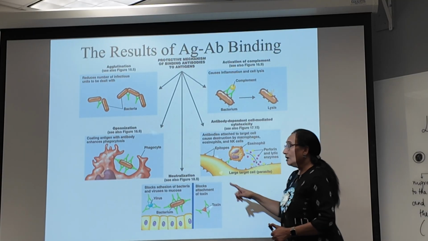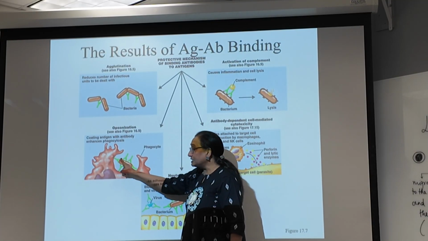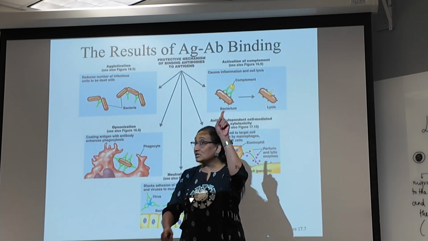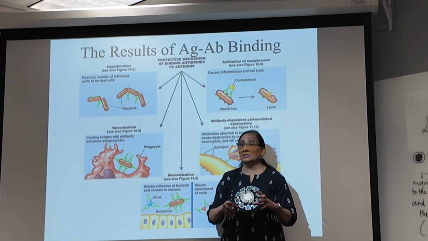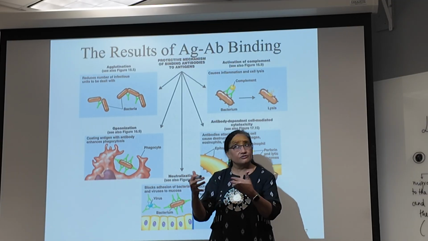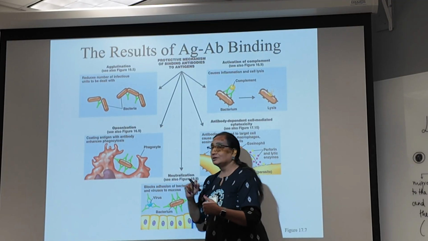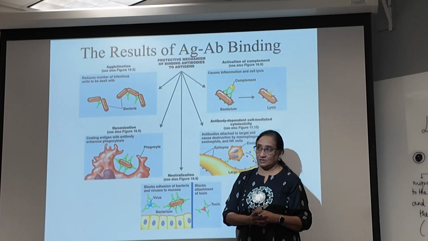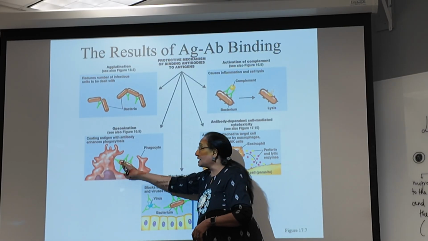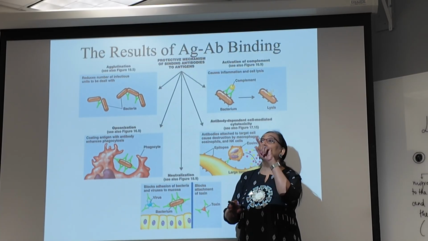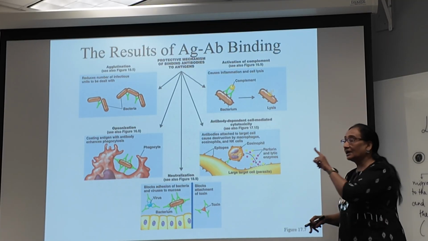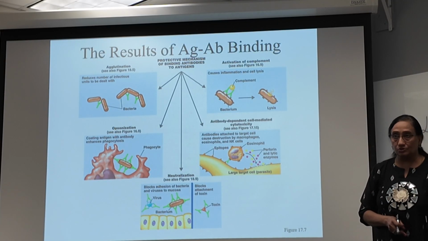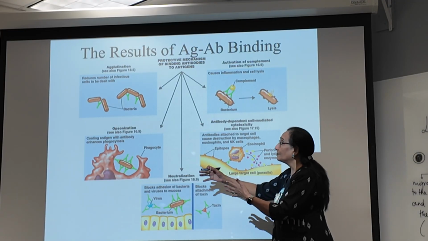Or antibodies can attach themselves to the pathogen, just like the complement proteins, making it easier for the white blood cells to phagocytose it. So opsonization: they can coat the pathogen just like the complement protein and ensure that it gets destroyed. That is the second mechanism.